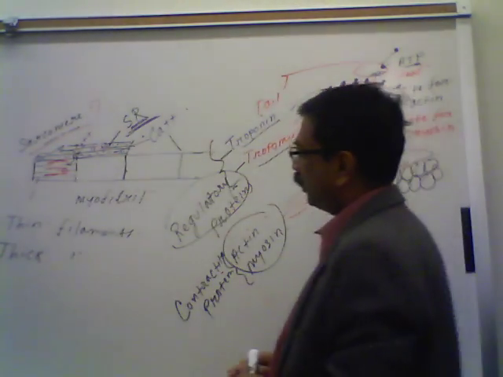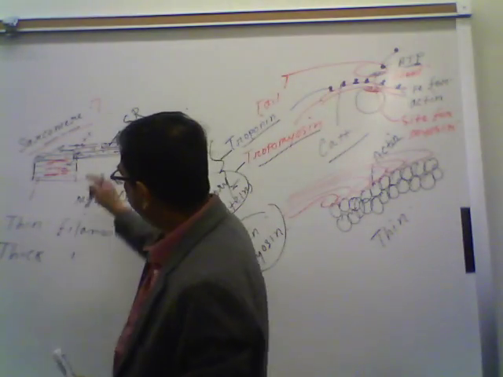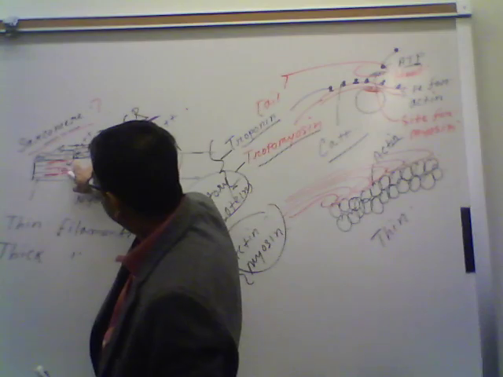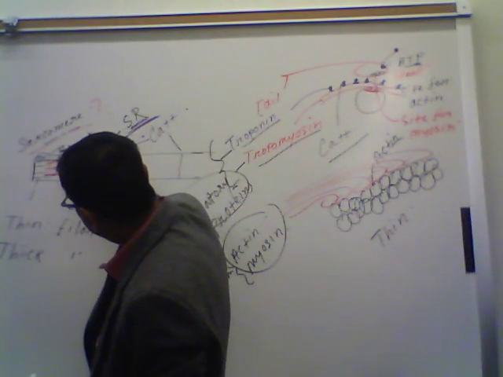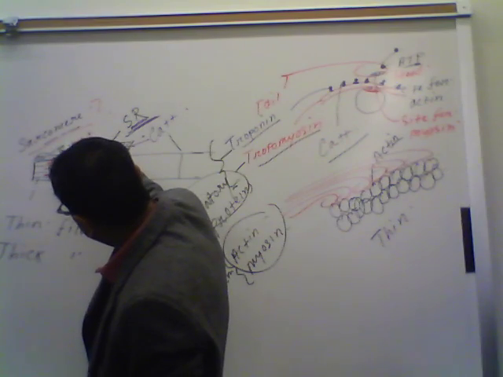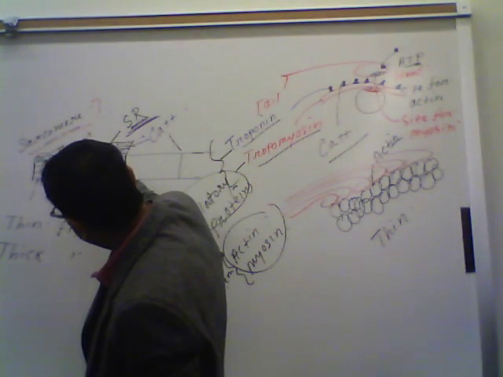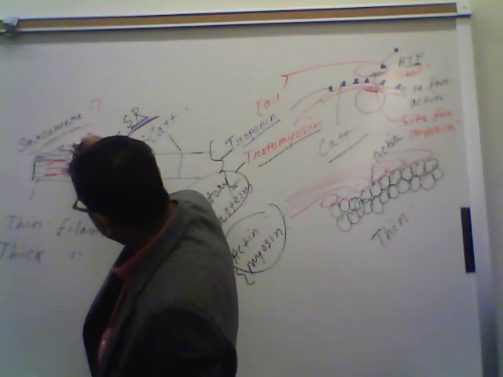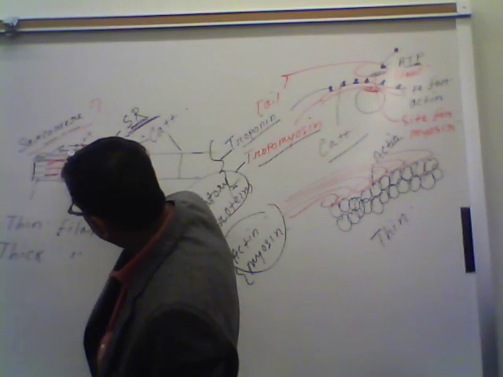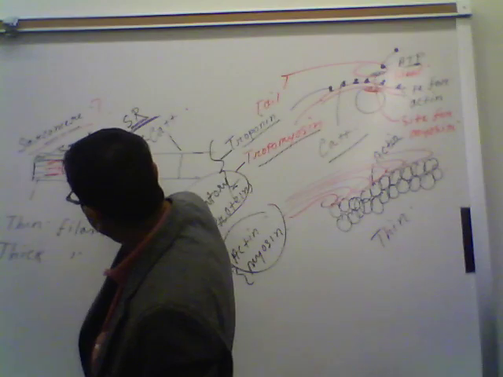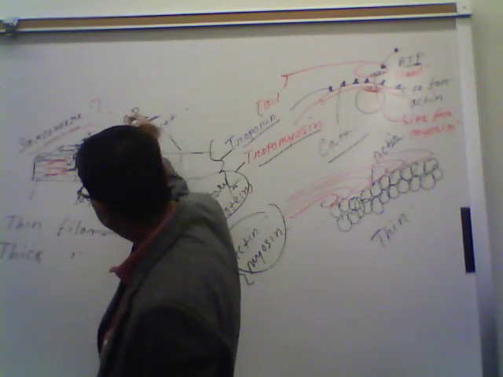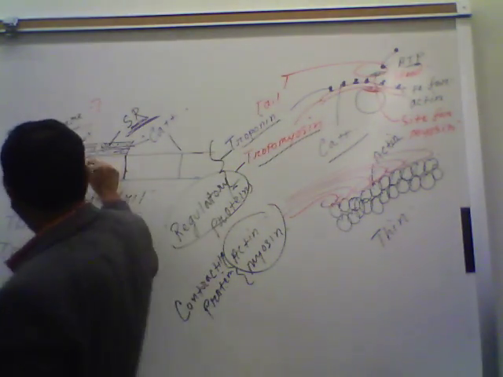When you decide that you will contract the muscle, what happens? From the SR, calcium gets in. Now, who takes the calcium in? Another tube that brings the calcium inside the sarcomere from the SR, and that is called T tubule.